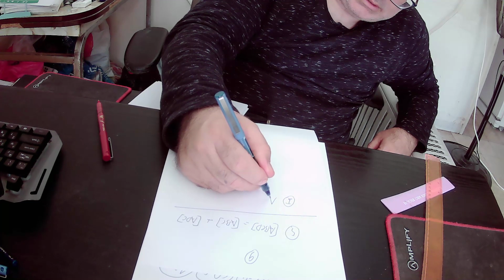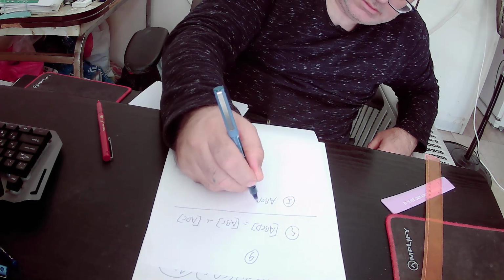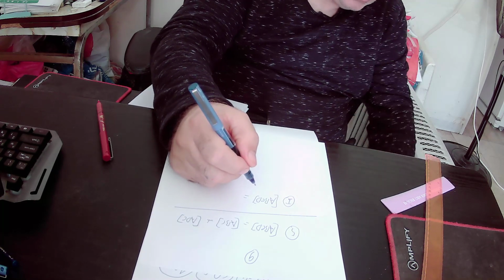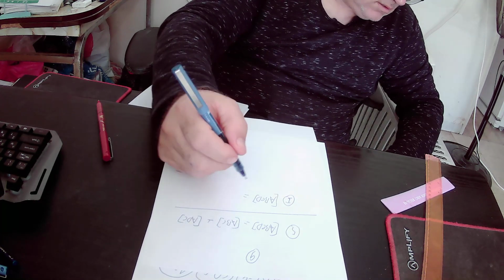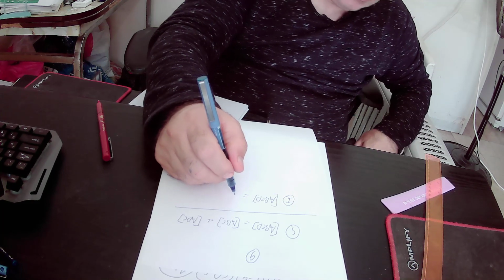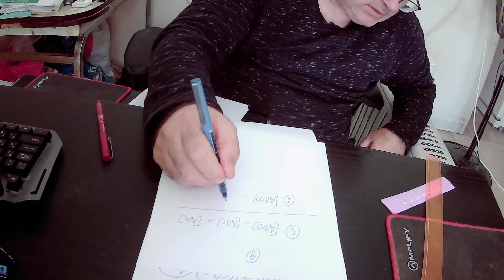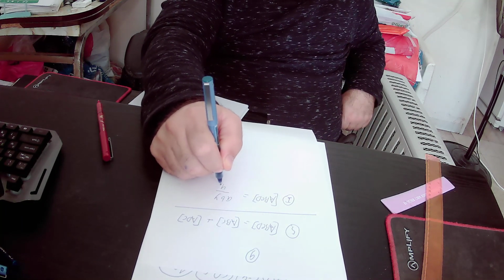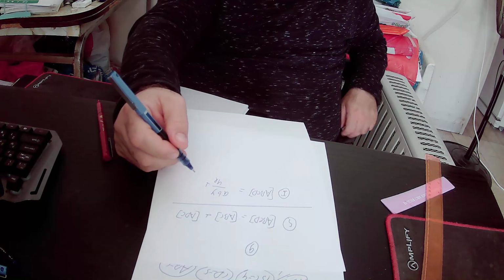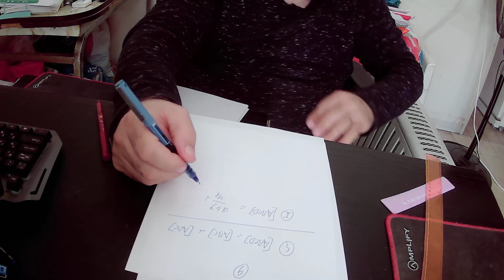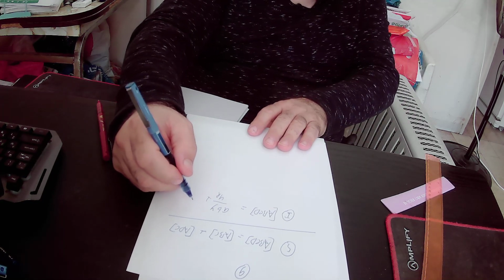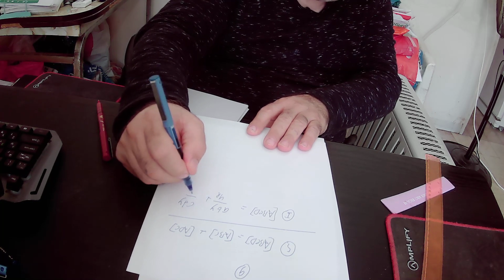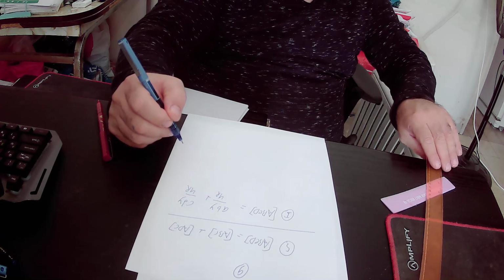The area of quadrilateral ABCD will be equal to the area of triangle ABC, which we already found is ABY over 4R, plus the area of triangle ADC, which we found equals CDY over 4R. Okay?